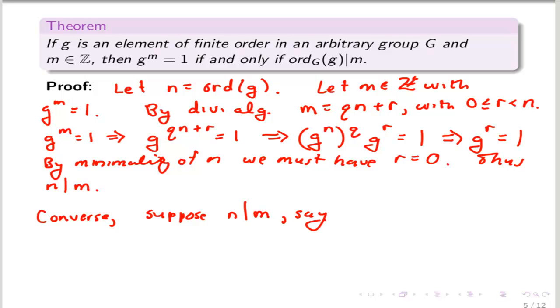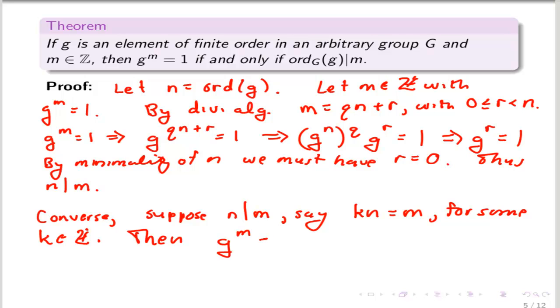This is the easy direction. Say kn equals m for some integer k. Then g to the m power is g to the kn, which is g to the n, k times, and g to the n is the identity. So this is just equal to 1.